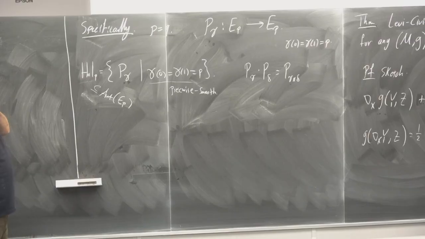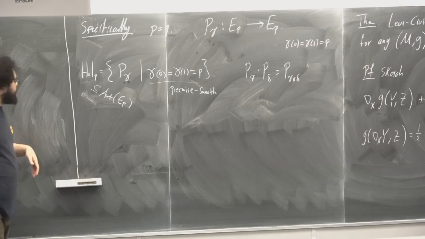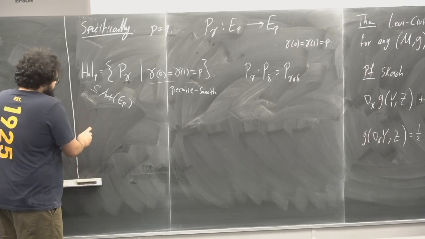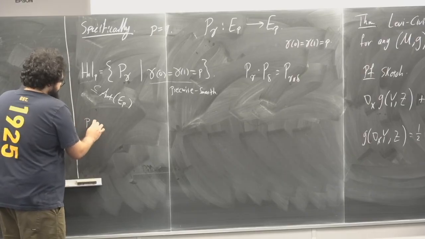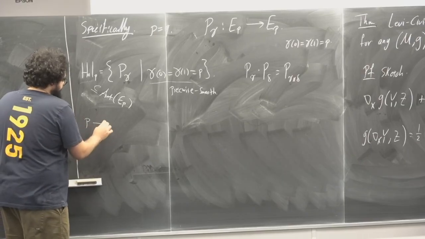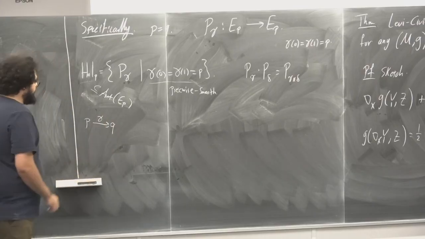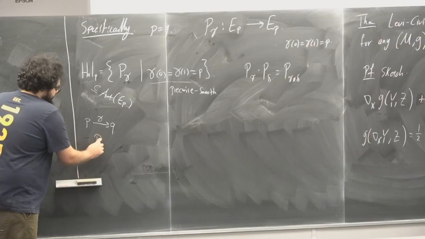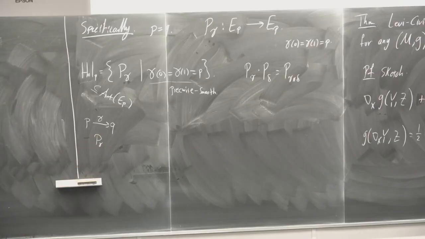Now we have one of these groups for each point in the manifold M, and we want to relate them. We don't want to be working with a million of these. The idea is that if I have two points P and Q, and some gamma that connects them, this gives us this map P gamma, like we said.